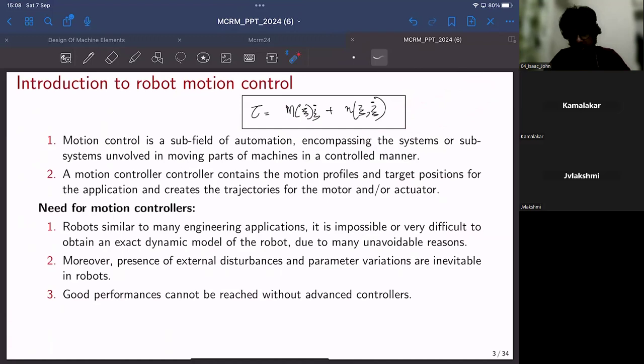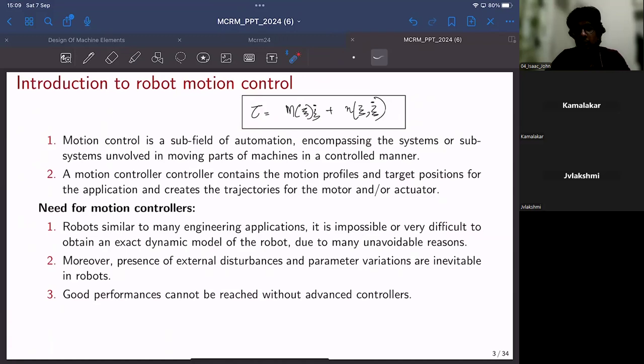For example, in the case of an inverse dynamics problem, we supply the desired trajectory, get the torque required to realize it, and supply this torque to the motors. But due to the uncertainties in the parameters and these external disturbances, we will get a different torque, and hence our robot probably will not track the desired trajectory.